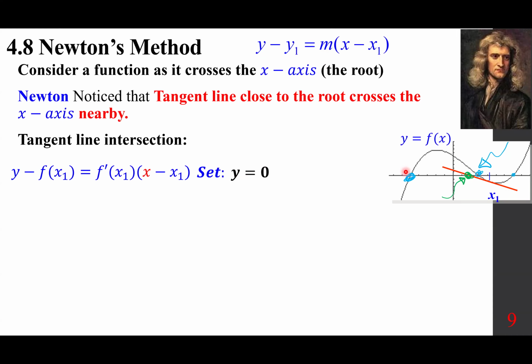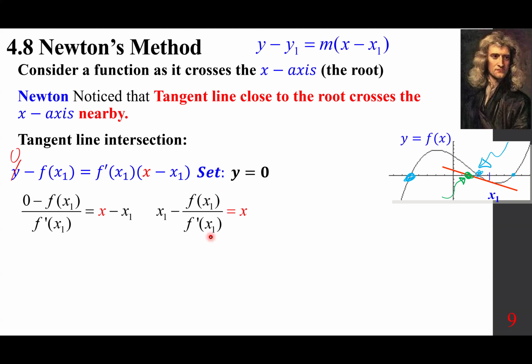When you set this equal to 0, you're looking for the x-intercept of the tangent line. So he finds the x-intercept of the tangent line. So if you set y equal to 0, and the left side divided by f prime becomes x minus x1, and so x is x1, this moves to the other side, minus f of x1 over f prime of x1.